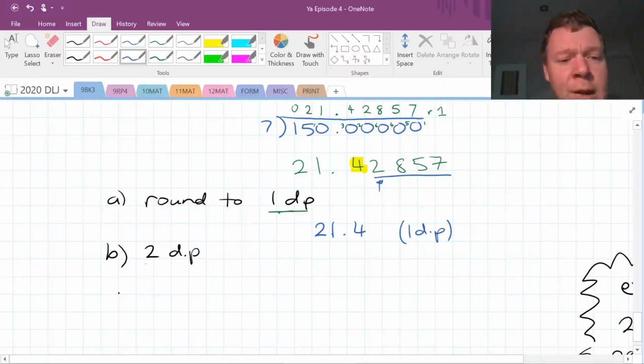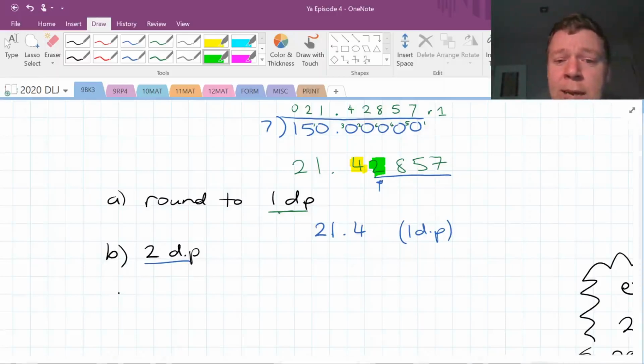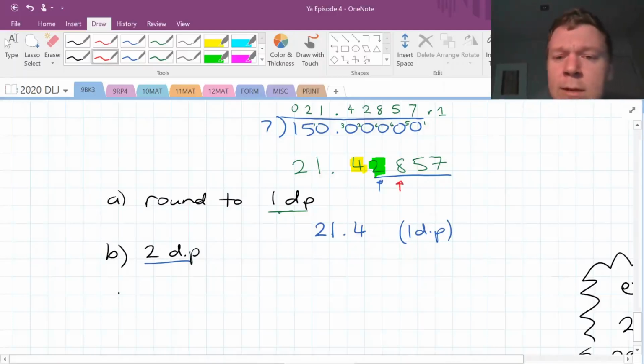Now, if we're going to round the same number to 2 decimal places, then we want to be looking at the second decimal place. That's how large our number is going to be in digits, but we still need to look at the next number after it. Is it greater than 5?